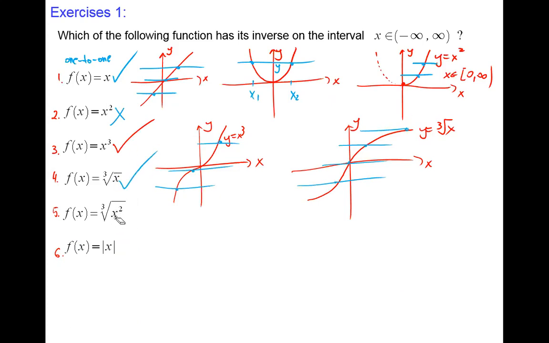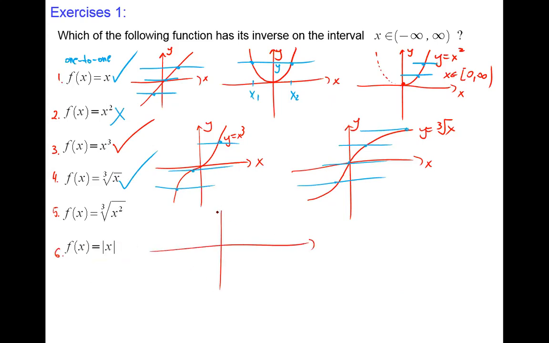What about cube root of x squared? And this is also one of the, it's no, yeah, okay, thank you, that's the correct answer, because we are squaring, so we can get the same value, right? Cube root of x squared is a similar function to this one, but these negative values will become positive and go a little bit up because it's squared.